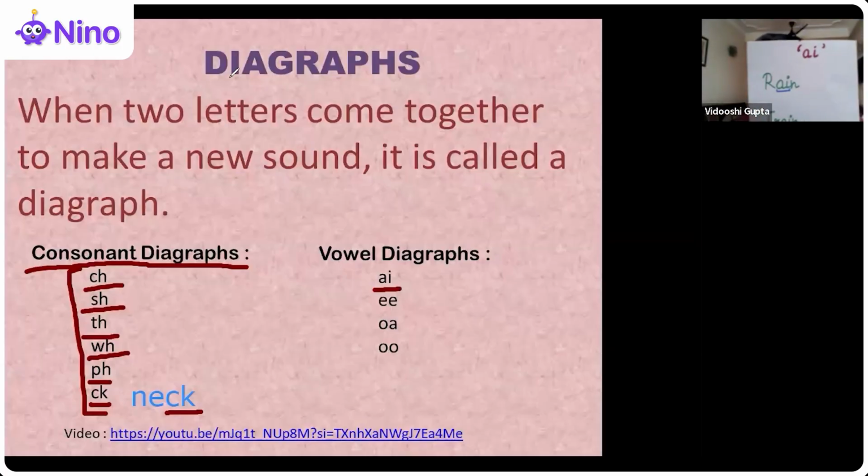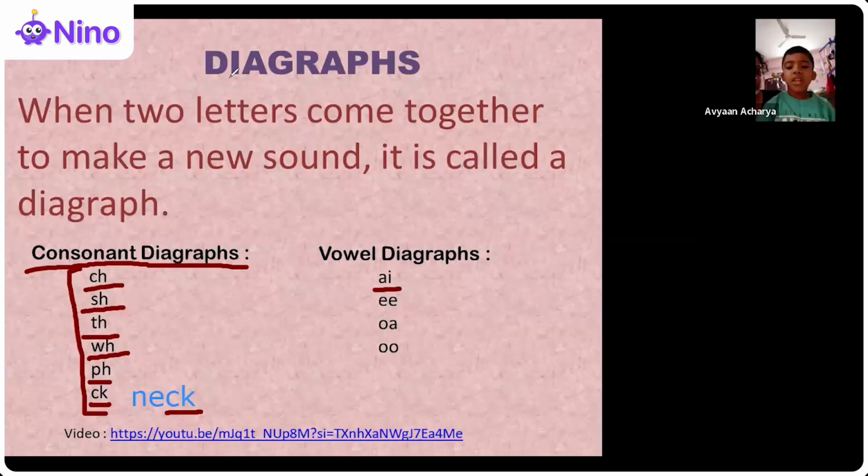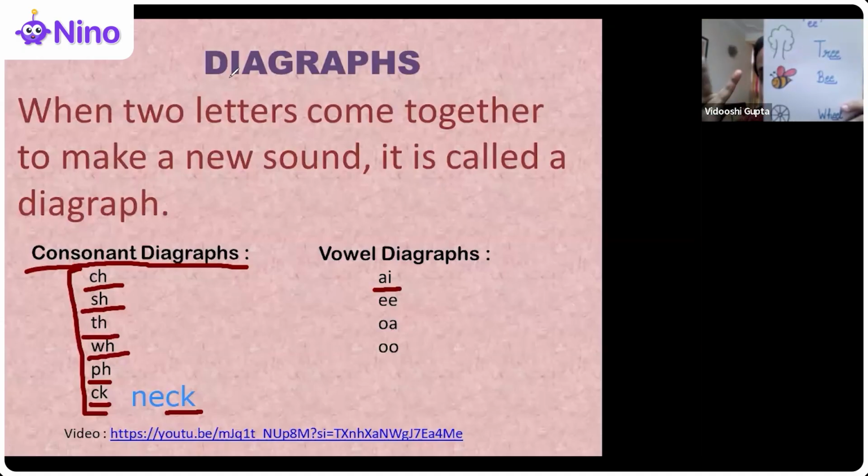So are we clear with the first one? A and I coming together and making the sound A. Yes. Okay. Similarly, if we have two E's written together, they produce the long E sound, for example, the word tree.